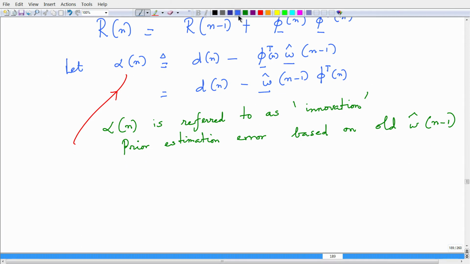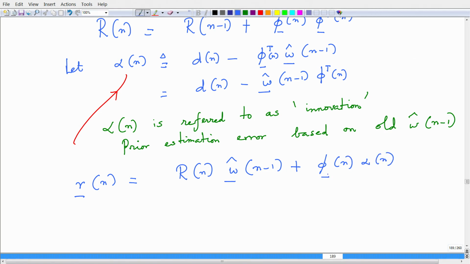Now continuing, small r of n is capital R of n times w hat of n minus 1 plus phi of n times alpha of n. Alpha is a scalar, phi is a vector, and everything is consistent.